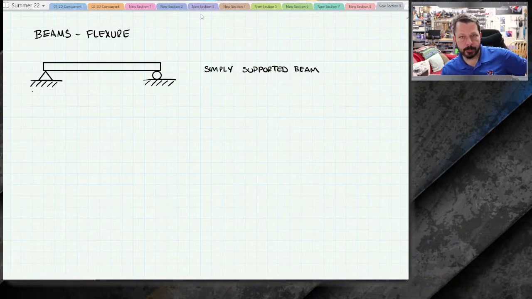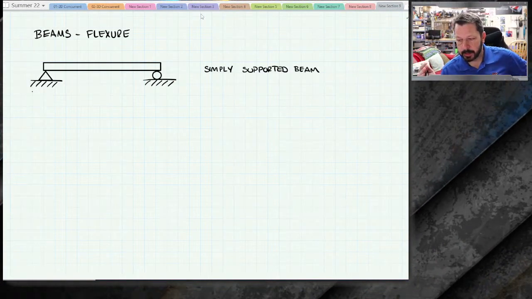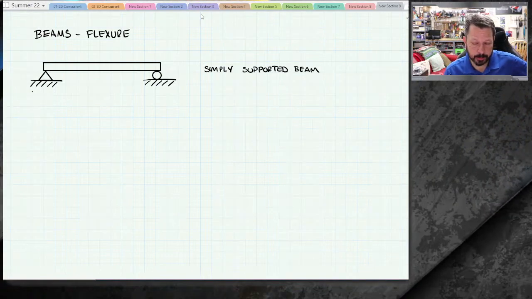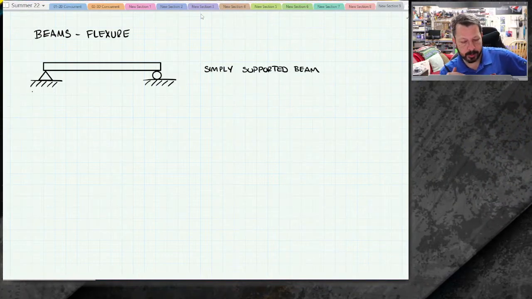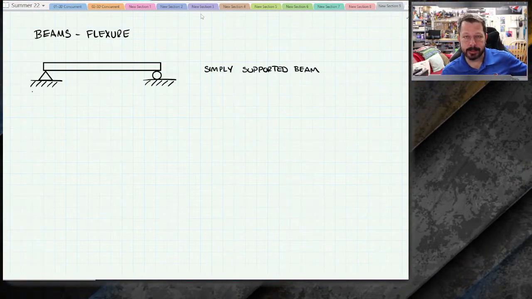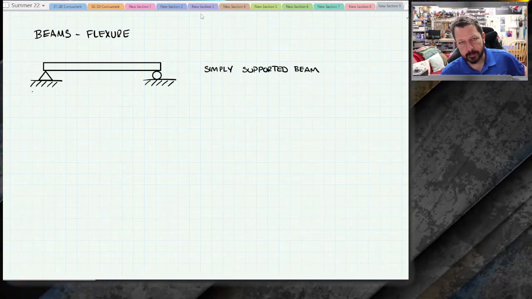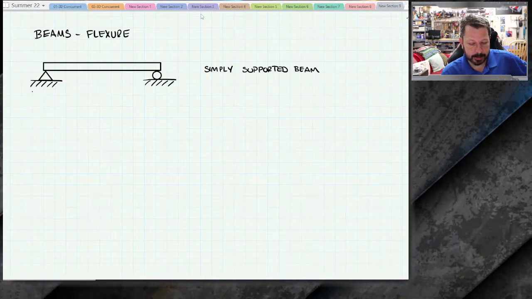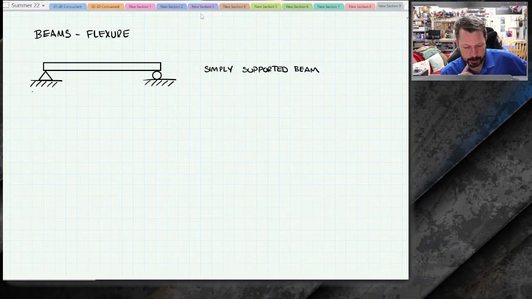So when you have a pin and a roller, it's a simply supported beam. If I go adding things to it or support it some other way, then it's not a simply supported beam anymore. The pin and roller don't have to be at the ends of the beam, although most of the time those problems we're going to work will have them that way, but that's going to be a simply supported beam.